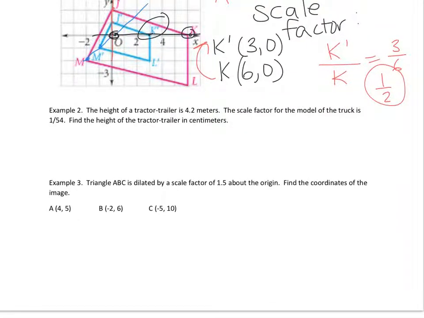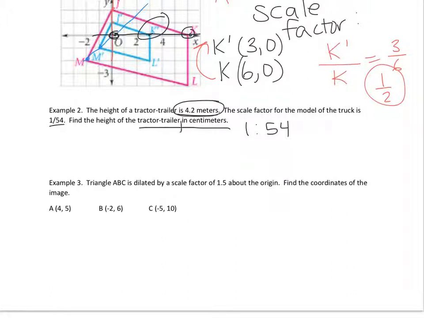Example 2. The height of a tractor trailer is 4.2 meters. The scale factor for the model of the truck is 1 to 54. Find the height of the model tractor trailer in centimeters. So the scale is 1 to 54, and we know that the height of the tractor trailer is 4.2 meters.